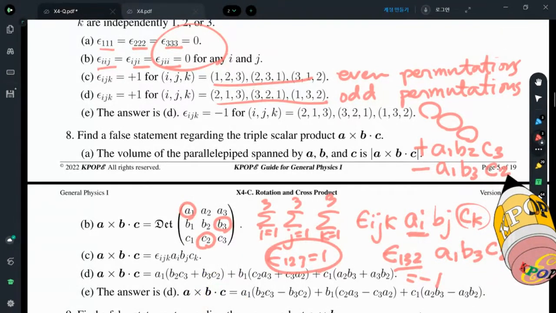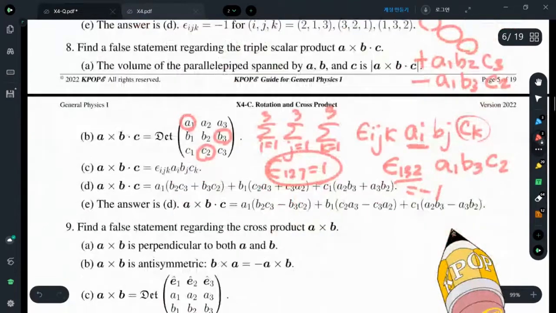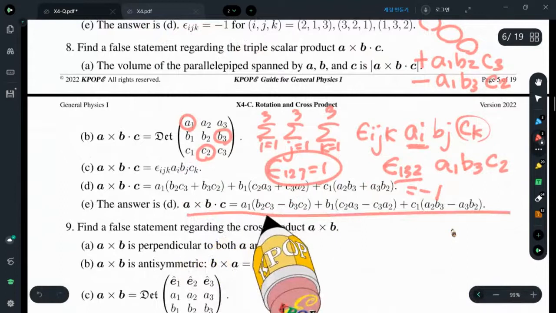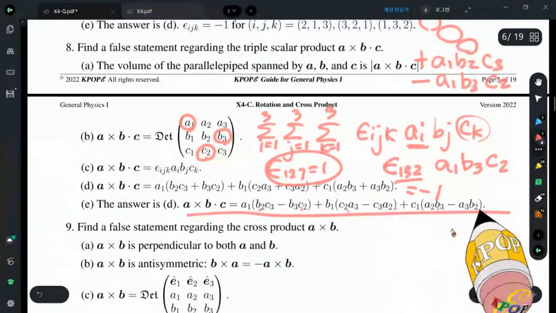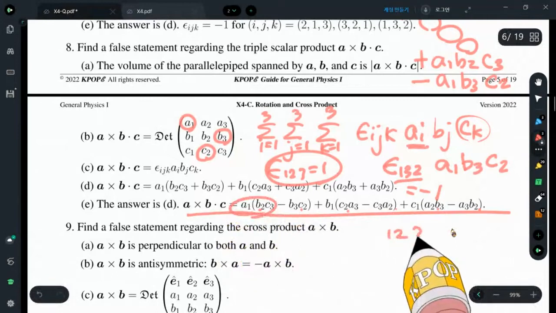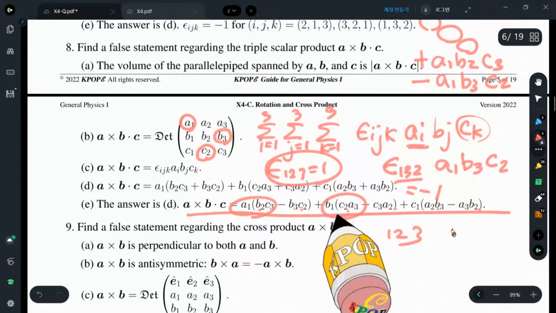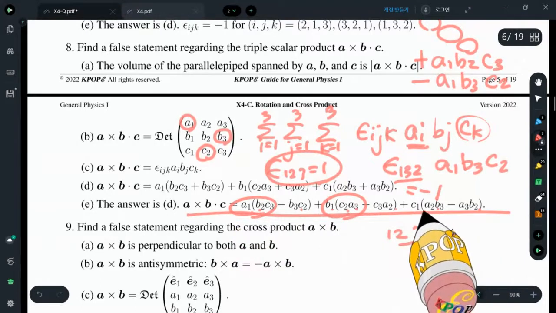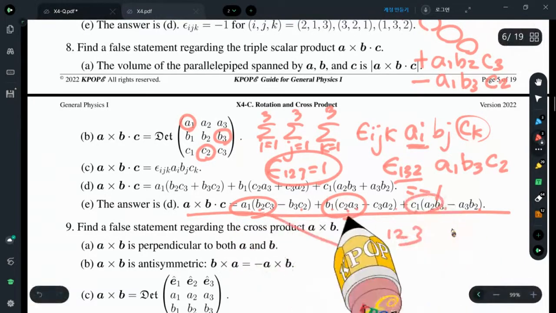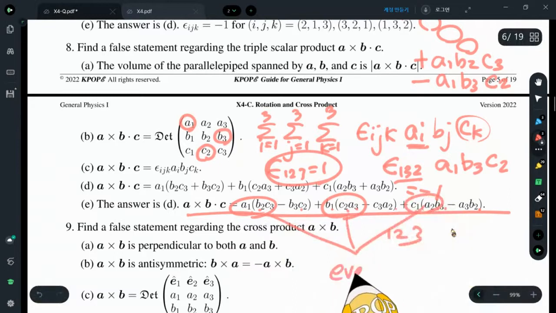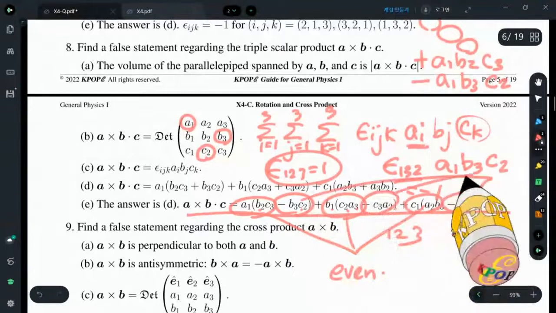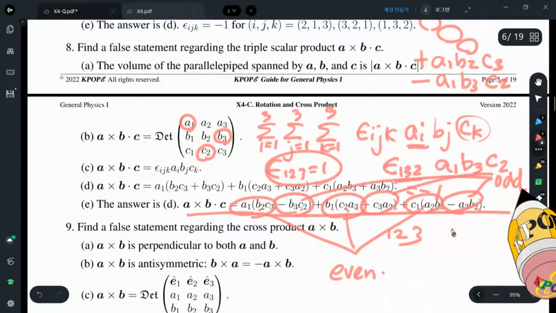So you have to add all possible contributions. They are these 1, 2, 3, 4, 5, 6, and the positive ones, 1, 2, 3, are all even permutations. These negative signs are all odd permutations.